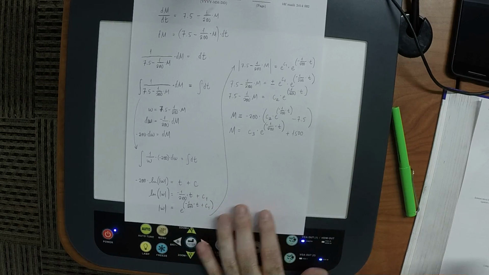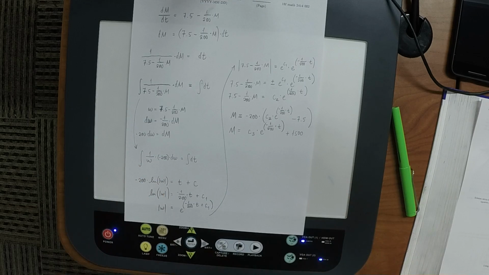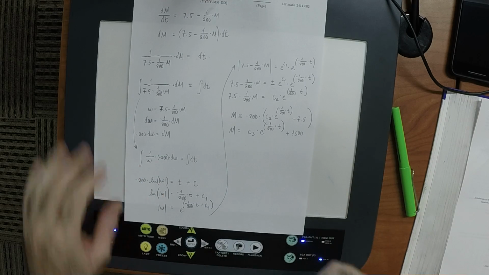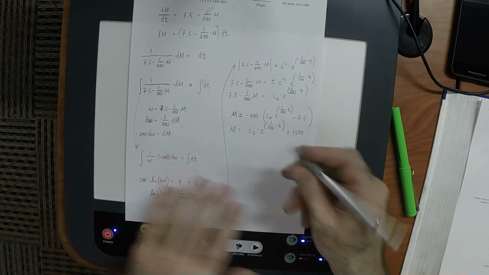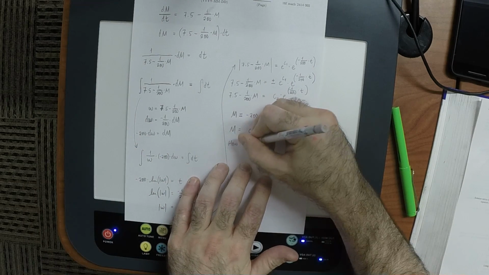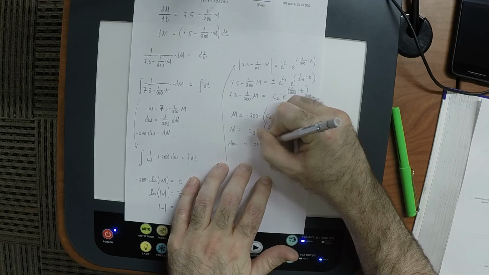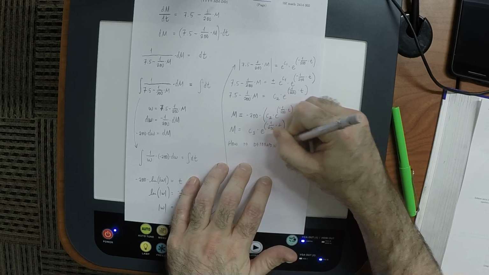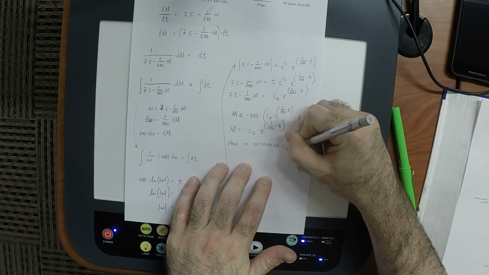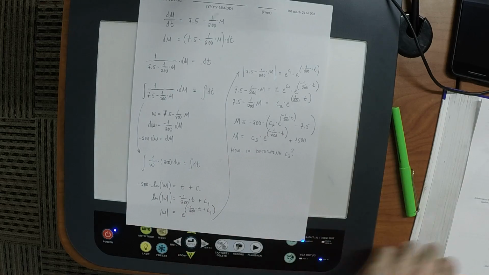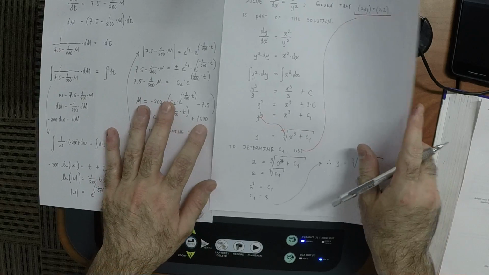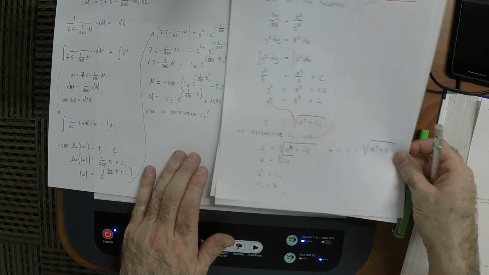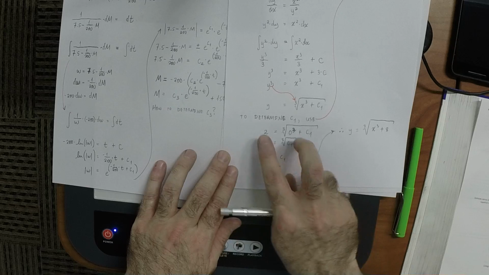All right. So now, how do we figure out C3? If you look at the previous exercise, the place that we are at is analogous to right here.